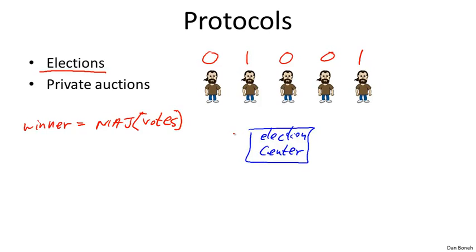And what the voters will do is they will each send a funny encryption of their votes to the election center in such a way that at the end the election center is able to compute and output the winner of the election. However, other than the winner of the election, nothing else is revealed about the individual votes. The individual votes otherwise remain completely private.